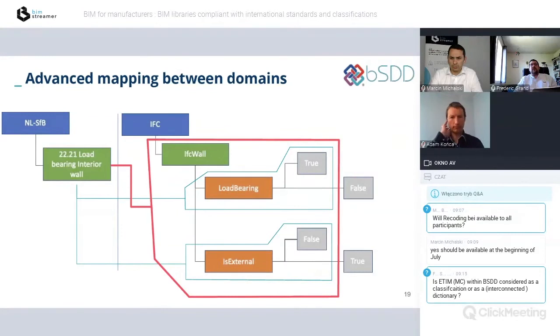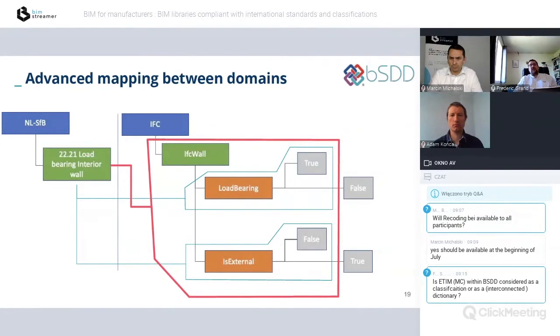Meaning that if I'm connecting in my BIM model to bSDD, I will be able to automatically assign some classification codes because I already know that this is an IfcWall and that LoadBearing equals true and IsExternal equals false.